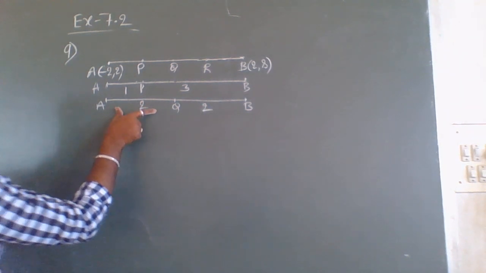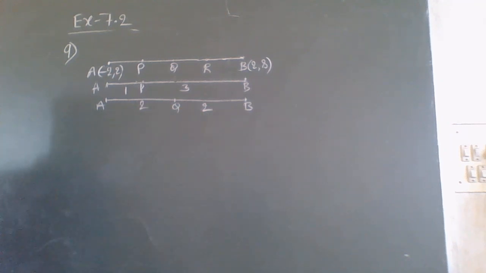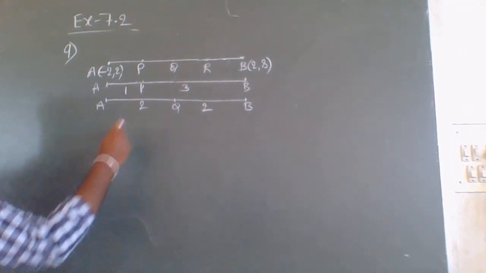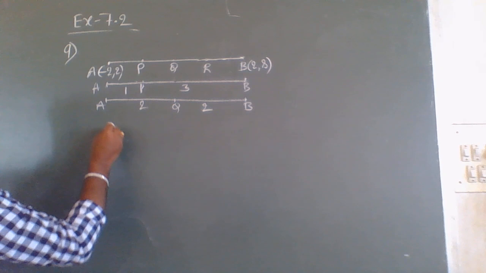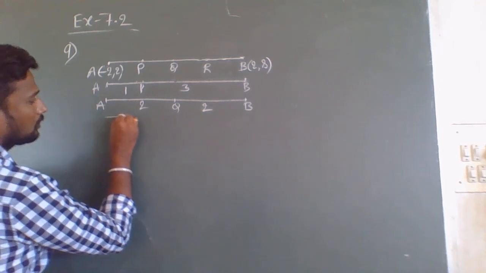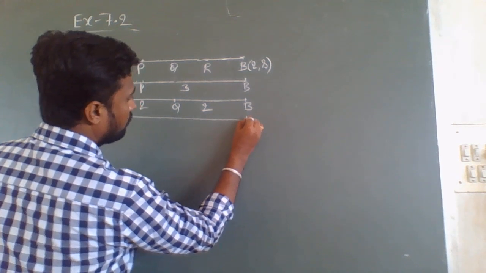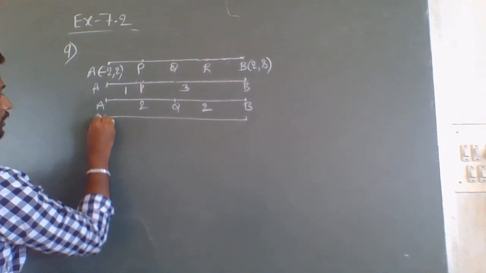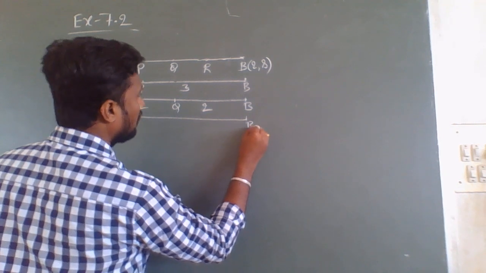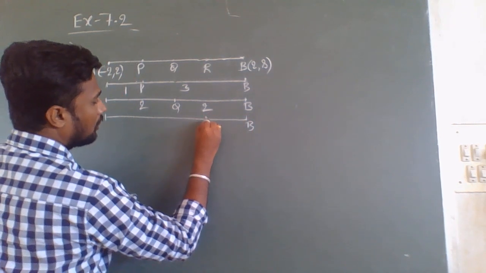So now the remaining one is point R. These are the points A and B, and now we consider point R.